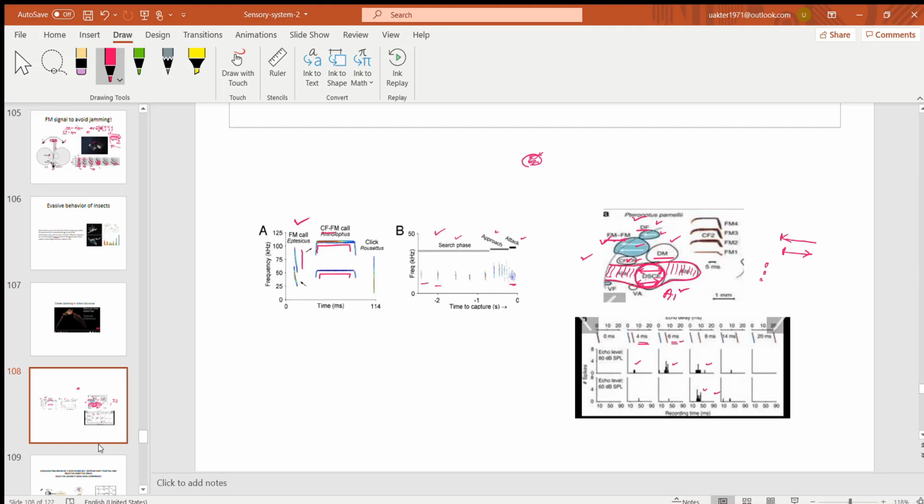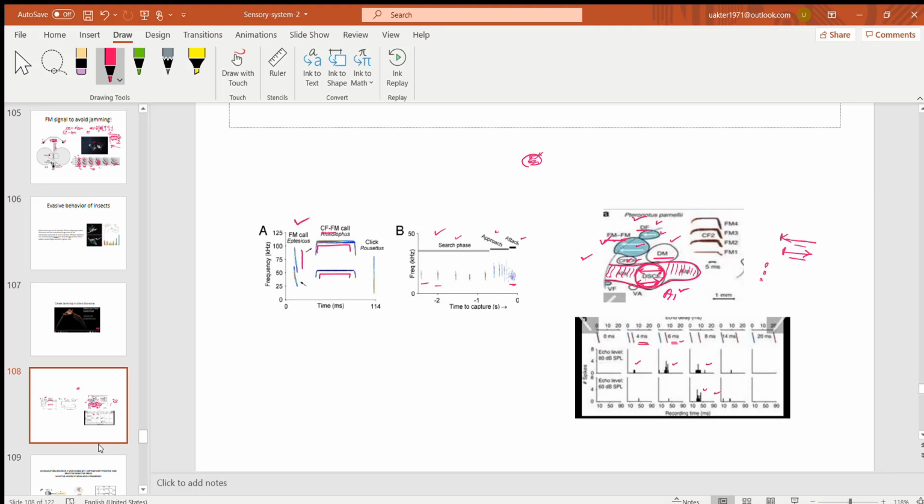Those should be detected by the brain, because based on that timing your brain will determine the distance, right? If the time is longer, that means the object is farther away. If the time is short, the object is near. If the time is gradually getting shorter, that means you are approaching the object, right?